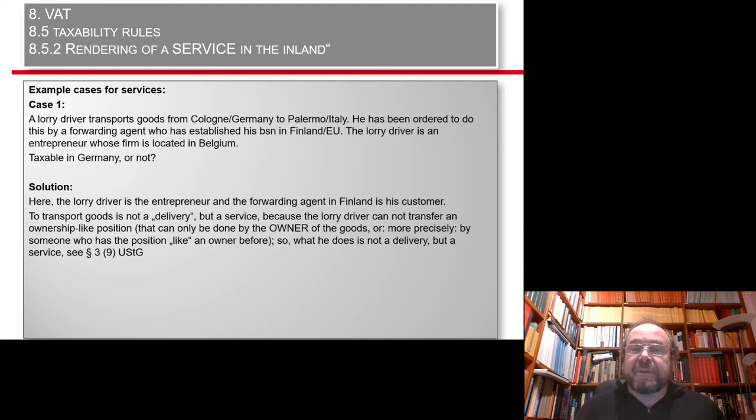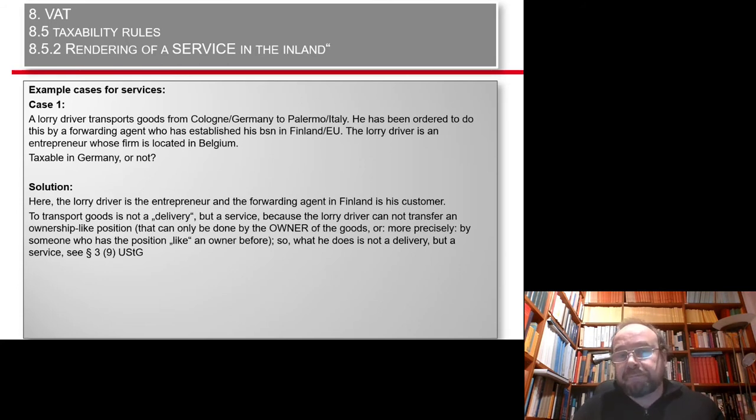To transport goods is not a delivery, because if you drive goods of other people just through the country from here to there, you can't transfer the position like an owner, because it's not your own stuff. It's the assets belonging to the person who gave you the order to ship that stuff from here to there.